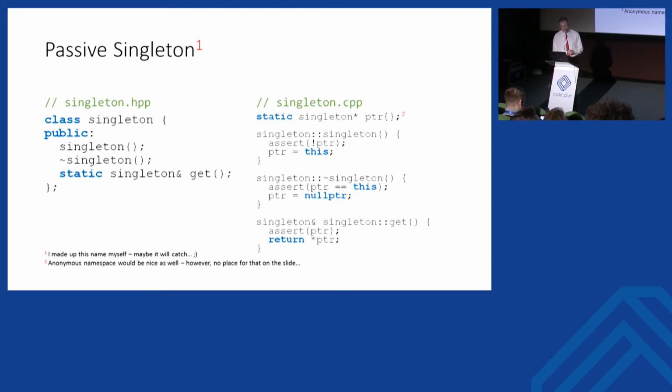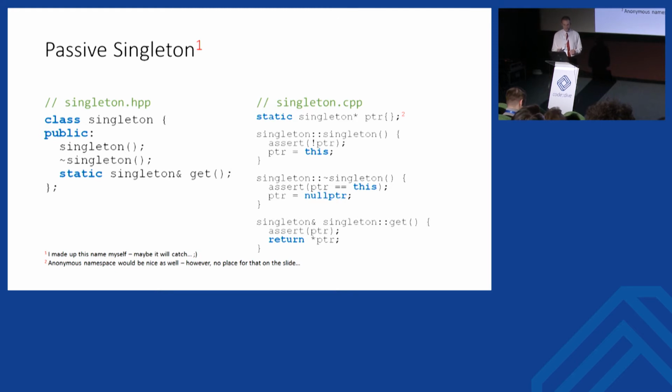As you can see, the instance variable here is now just an ordinary pointer. It should be an ordinary pointer instead of a smart pointer, because having a smart pointer would again take responsibility of destruction. We don't want that.